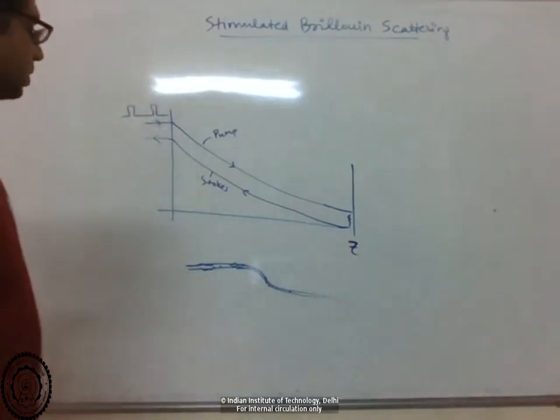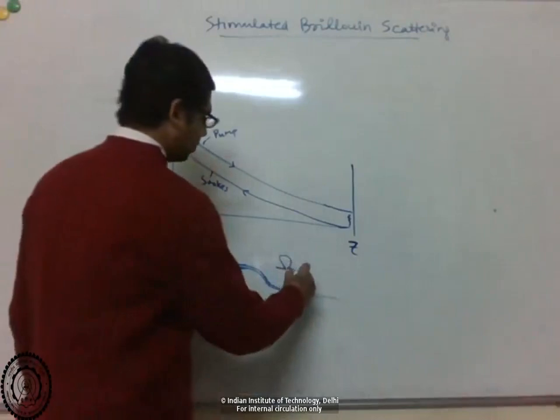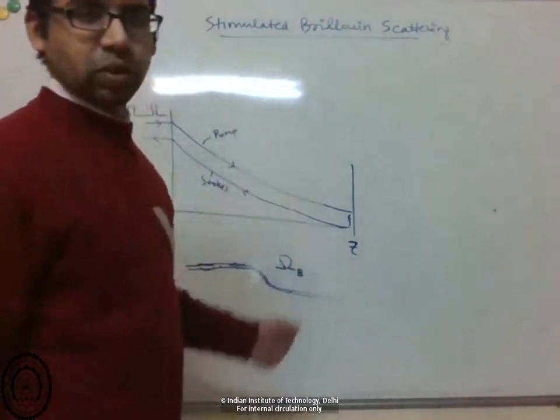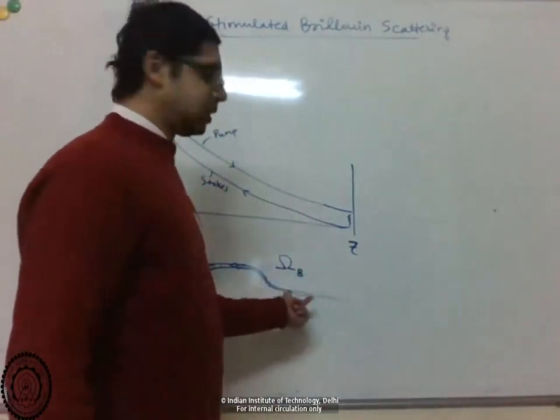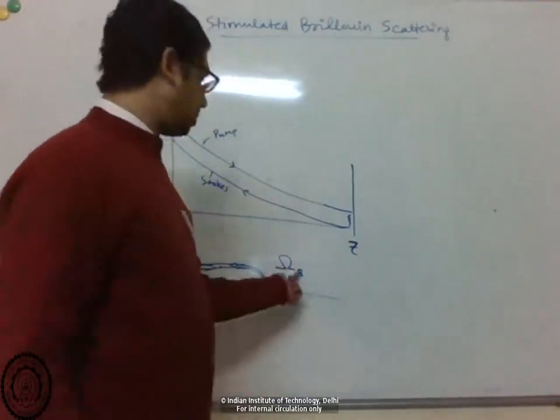We saw that this Brillouin frequency shift depended on material parameters like the electrostrictive constant, speed of sound, etc. So all of these inhomogeneities cause a slight shift in omega, this Brillouin frequency.